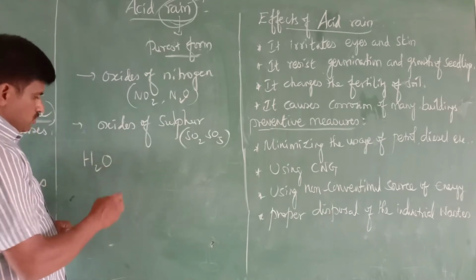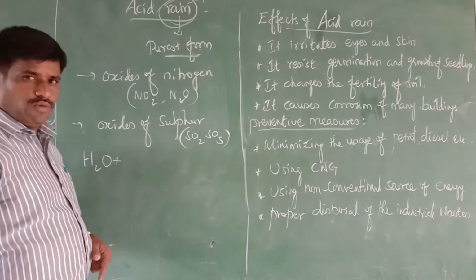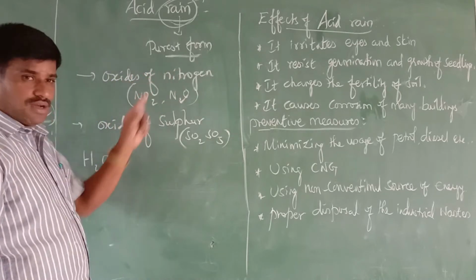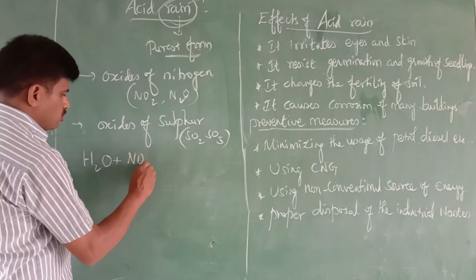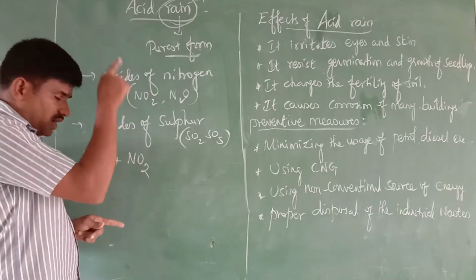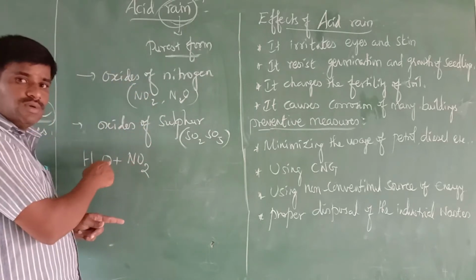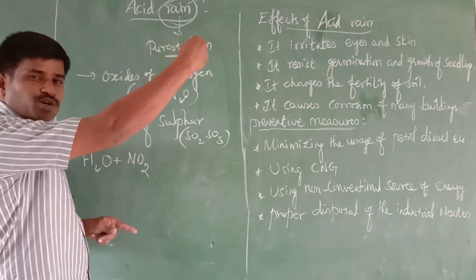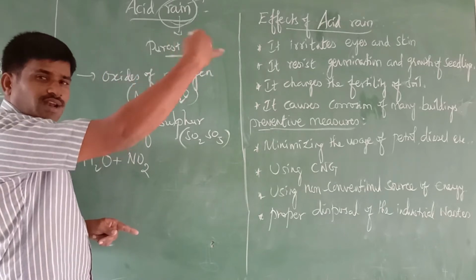When this H2O mixes with these pollutants, the oxides of nitrogen, that is NO2, while raining, it automatically mixes because the pollutant is already made and stored in the atmosphere.